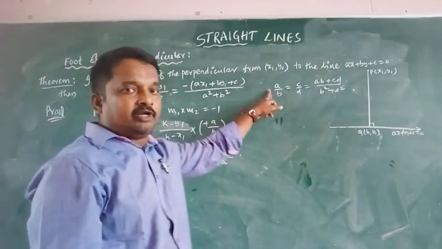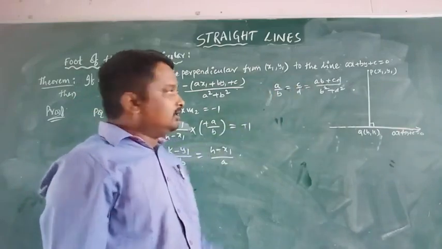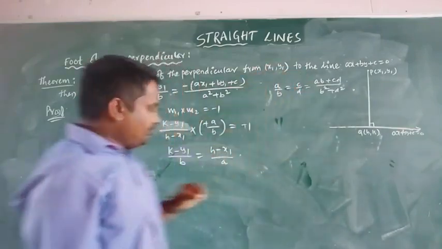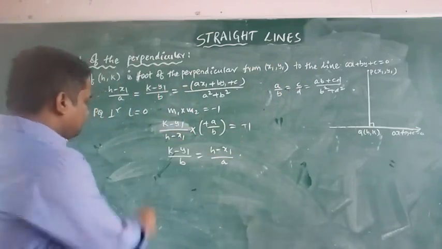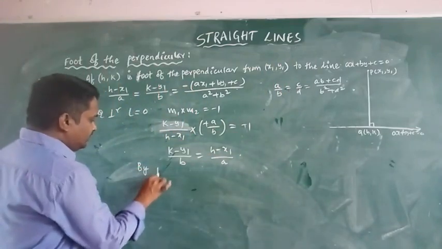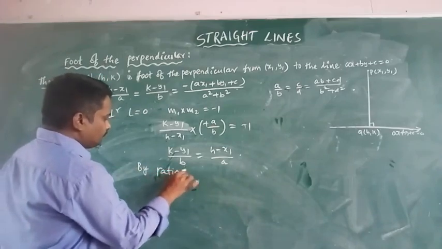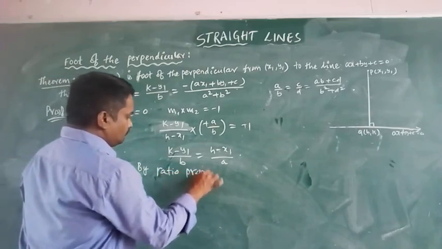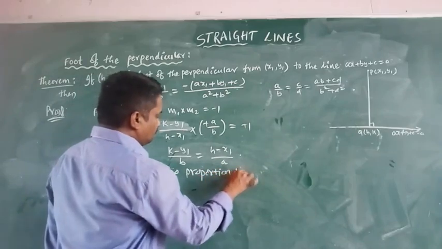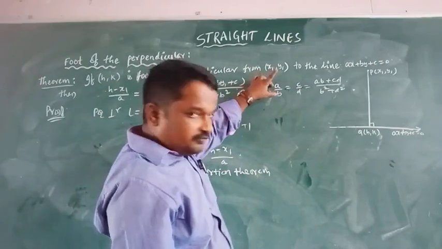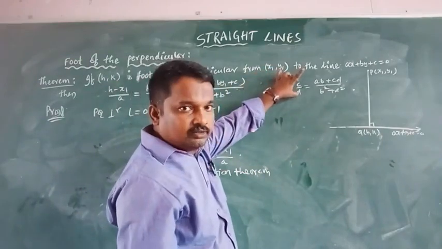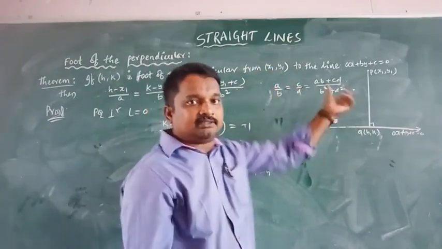We may get this from the ratio and proportion theorem. So I am taking this as a/b and this as c/d. Observe there: the product of these two plus the product of these two, over the sum of the squares of the denominators.